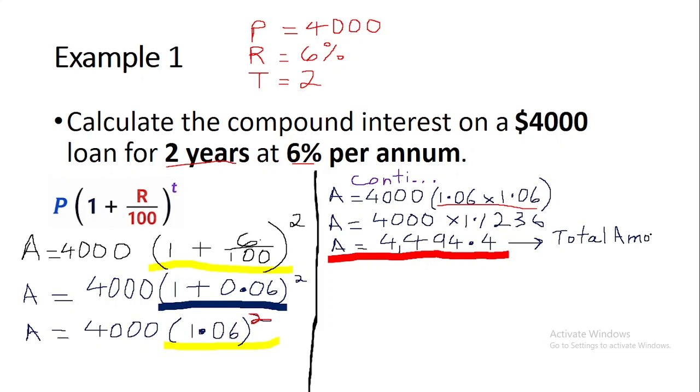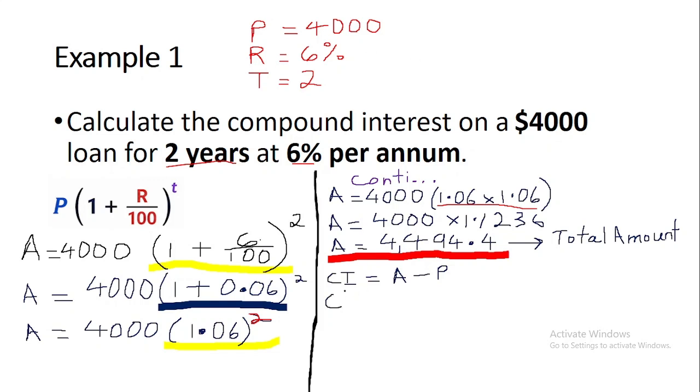So the initial money that we have, we're gonna just subtract it from the total amount in order to find our compound interest. So CI stands for compound interest, and that's gonna be equal to A, and remember A stands for total amount, minus P, and P is the principal. P is the principal, that's the amount that was either borrowed or invested. That's the initial amount. So the P is 4,000, so we're gonna subtract right here.